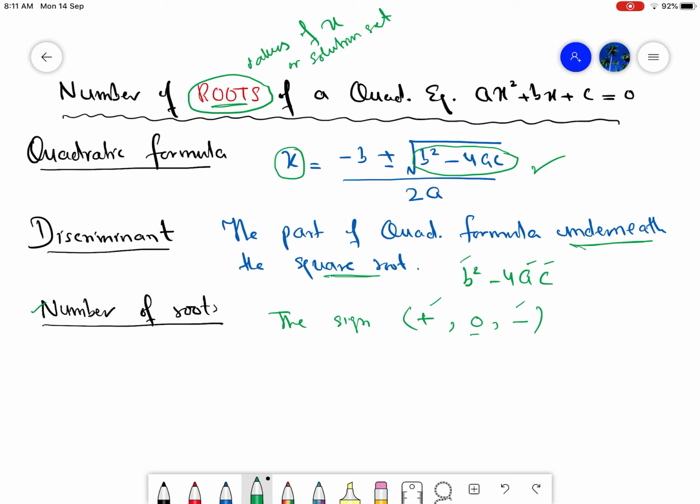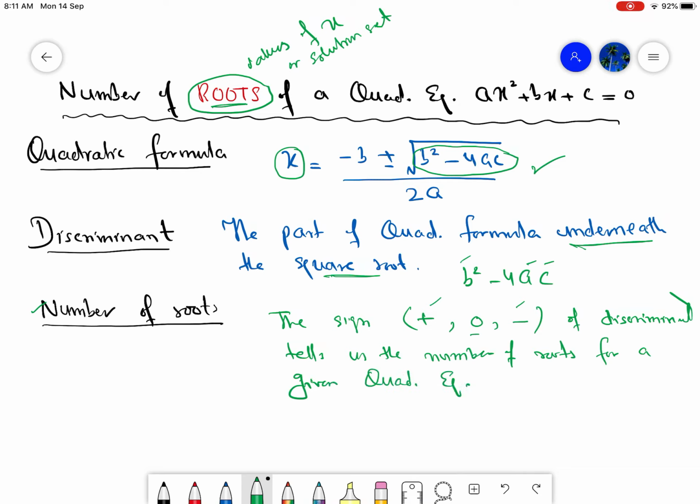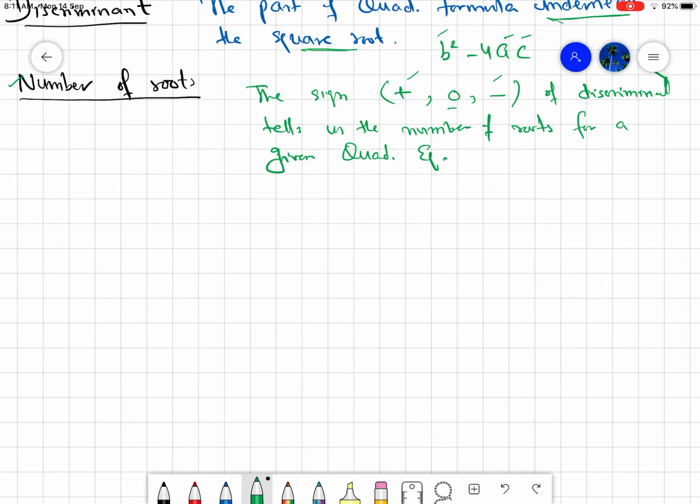So whatever you get after solving the discriminant, the sign of the discriminant tells us the number of roots for a given quadratic function or equation. Okay, let's see how it works.